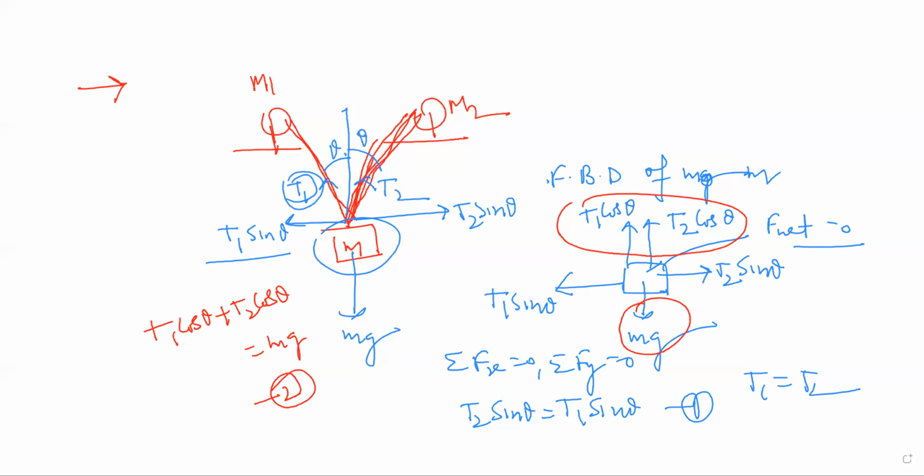You have to equate sigma Fx equal to 0 and sigma Fy equal to 0, and wherever required, sigma Fz equal to 0. So in static equilibrium, net force is equal to 0. This is the way to think and to proceed. Thank you so much to all of you.